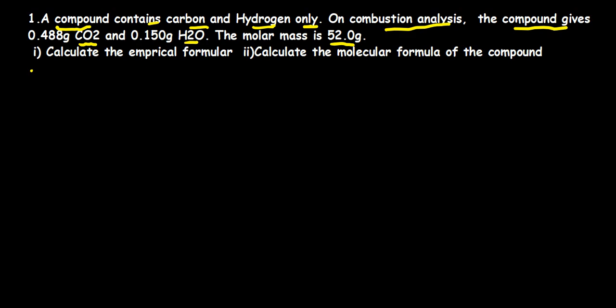So how do we calculate the empirical formula? We have been told that this compound contains only carbon and what? Hydrogen. So we have to find the mass of carbon and the mass of what? Hydrogen. So remember what we said. We said 11.2% of any amount of water will be what?